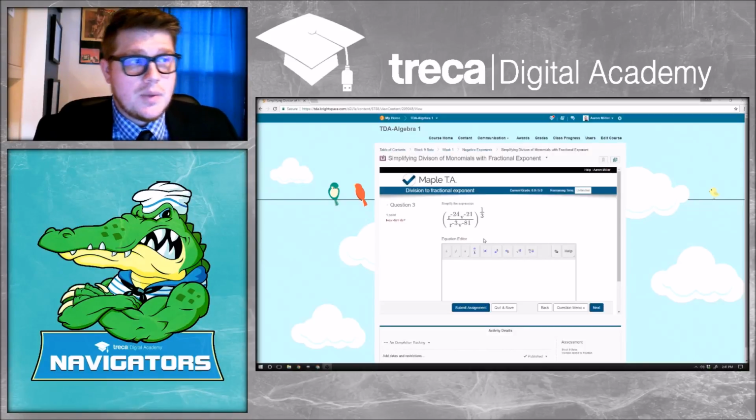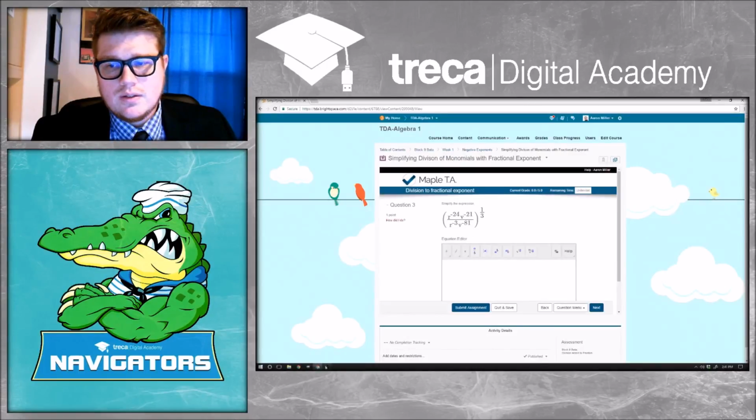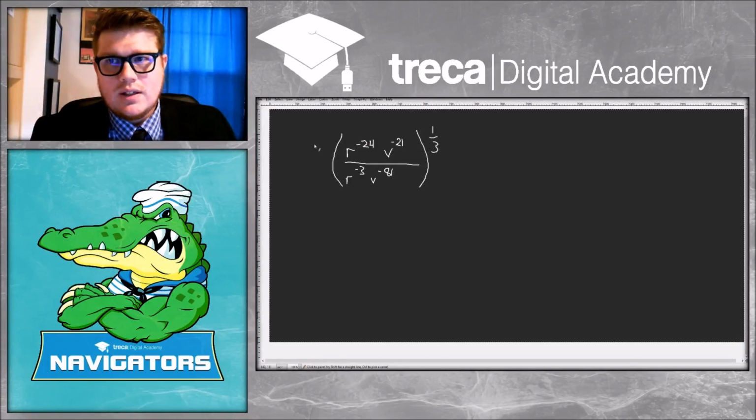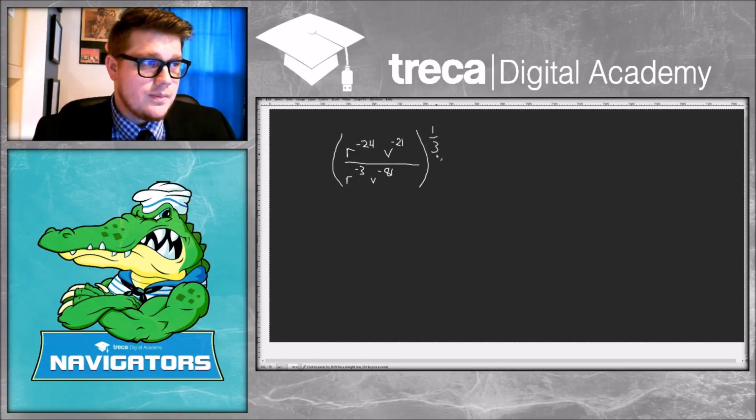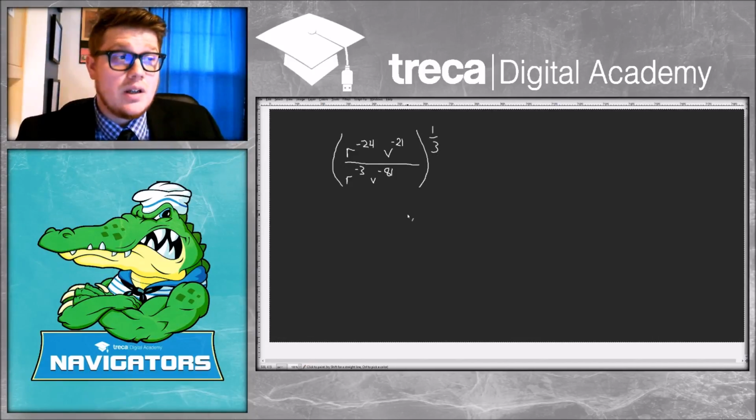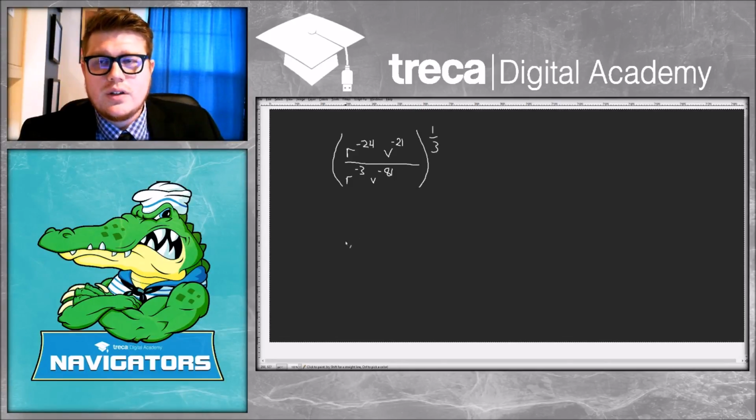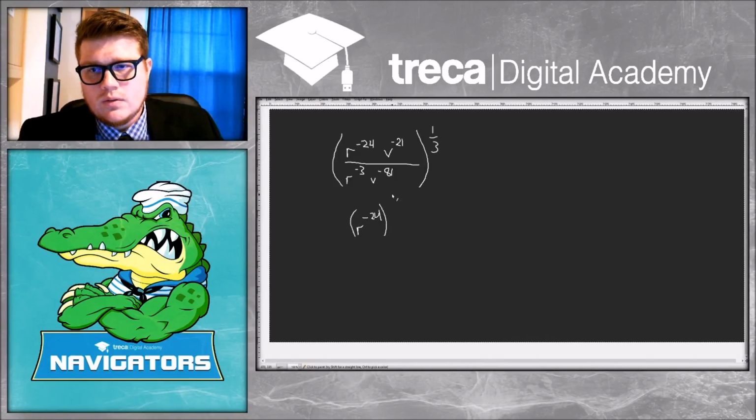Now, for our purposes in this class, you will find that in general, these exponents are divisible by this fraction, okay? Which means that we could go ahead and apply this first. So r to the 24th power raised to the 1/3 will make us multiply those exponents.